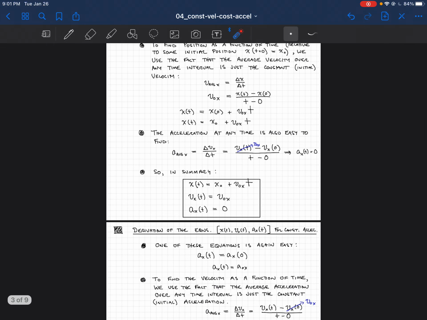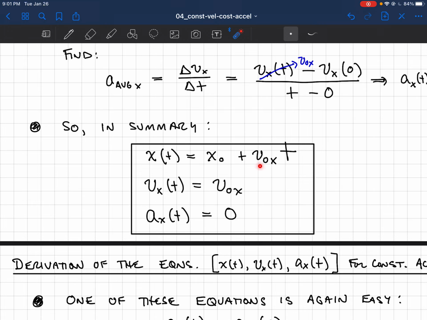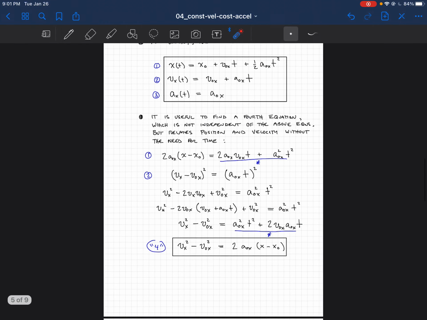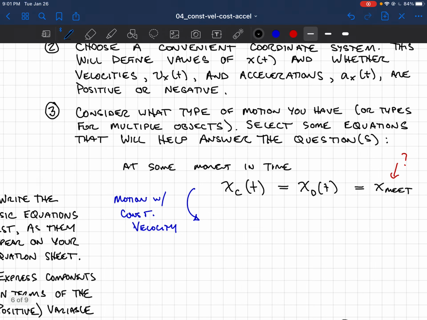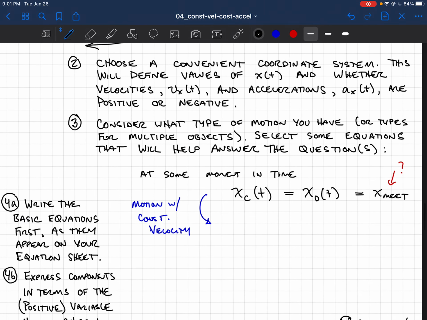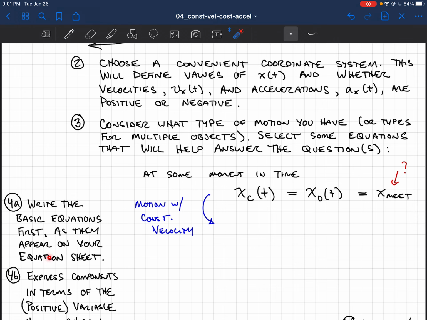Let's go back and look at it. Back here, it's going to be this equation here. X at time t is equal to x naught plus v0 x times t. When we write the equation, I think I have this listed as 4a, write out the entire basic equation first, basically as it appears on your equation sheet.